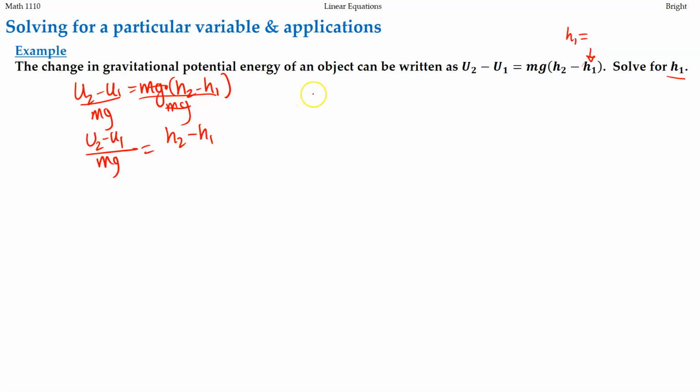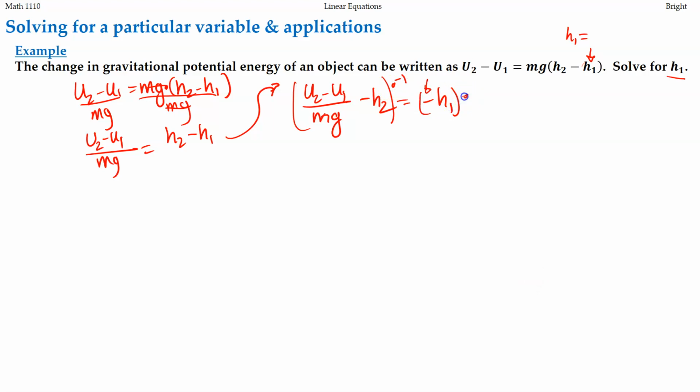Next I'm going to subtract h2 from both sides because, again, I want to isolate h1. So I'm going to have (u2 minus u1) over mg minus h2 is equal to minus h1. Now I'm almost done. The only thing I need to do is completely isolate h1, so get rid of the minus sign, which is to say I can either multiply or divide. I'm going to multiply by negative 1 on both sides.